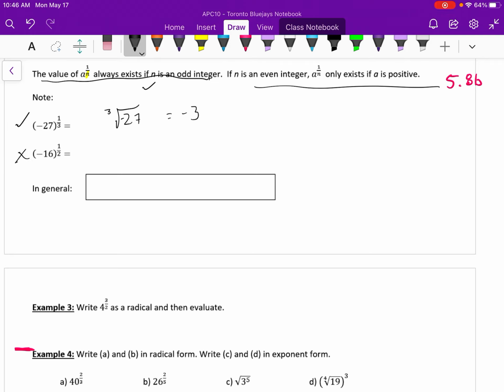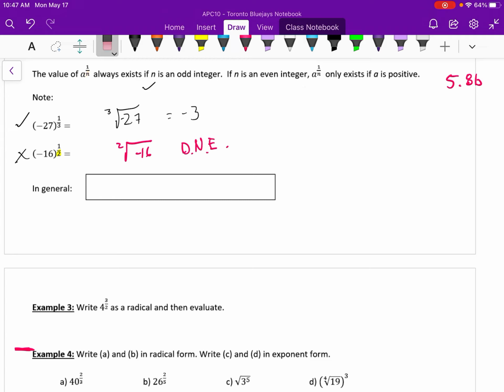Now, if you notice, the denominator is even, so that implies that we are going to be taking an even root. So this happens to be the square root. The square root of -16 does not exist, and the reason is that there are no two numbers that multiply together to give you -16. So I feel good about that.